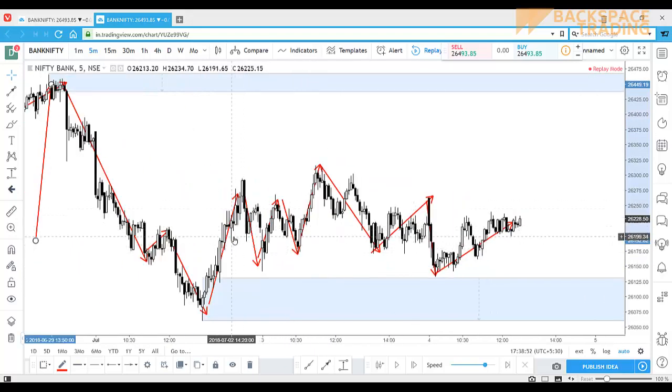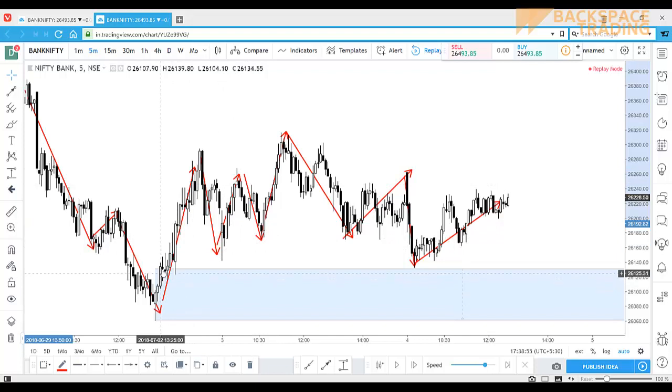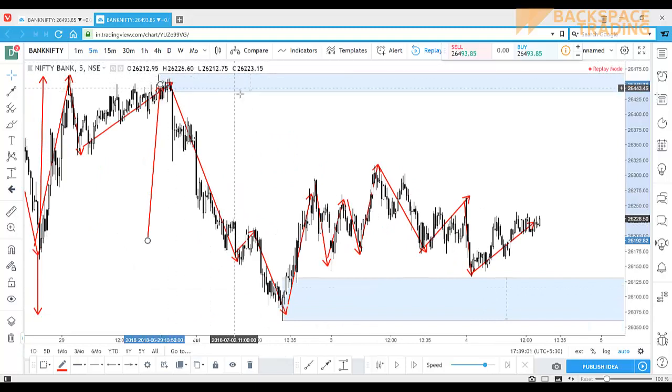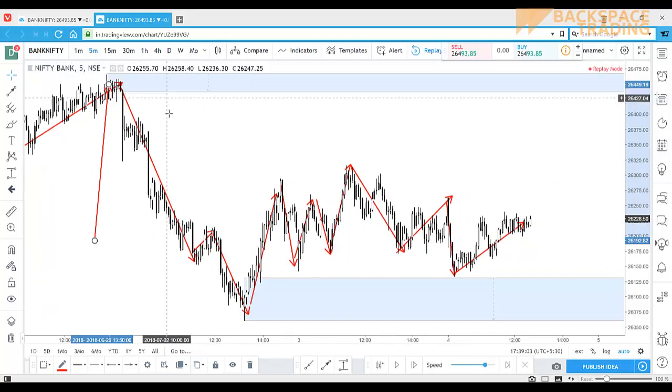So over here, this is a higher time frame support and this is a higher time frame resistance. From here, price started to decrease and bulls started to roar in with each of these moves.